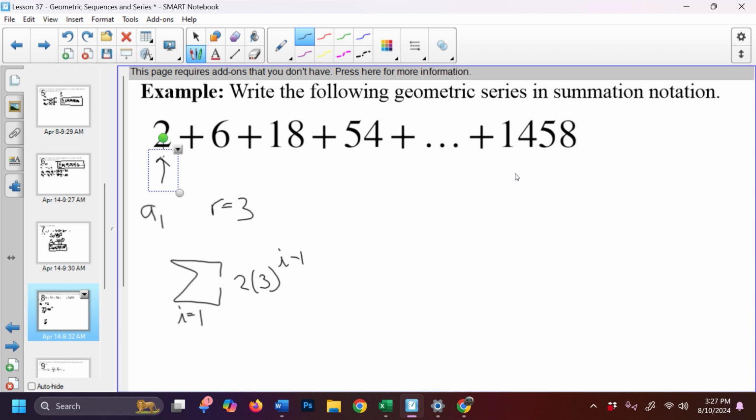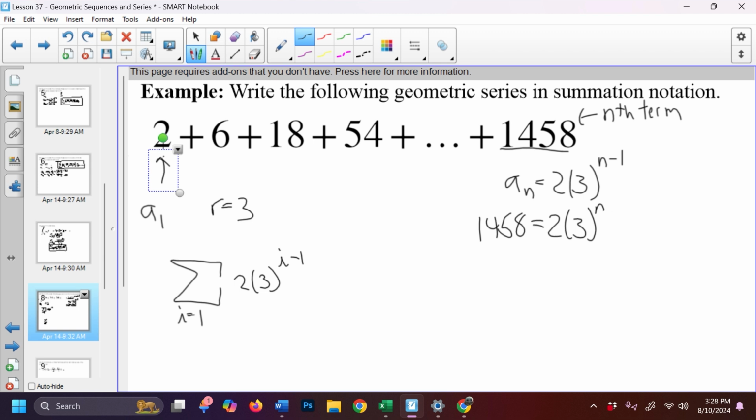So what I'll do is I'll say a sub n is equal to 2 times 3 to the n minus 1. And since this is the nth term, I don't know what n is, I'm just going to plug this number in there and solve for n. So we'll go 1458 equals 2 times 3 to the n minus 1.